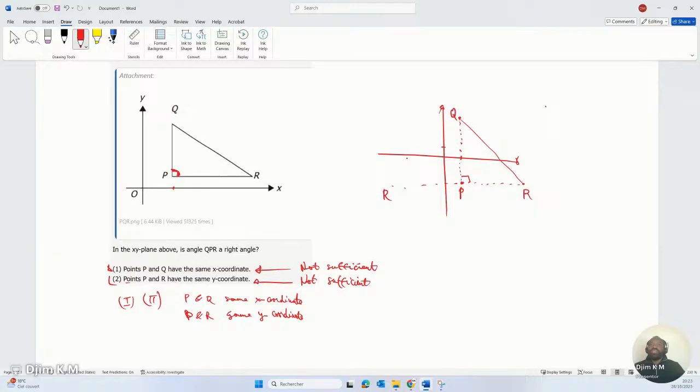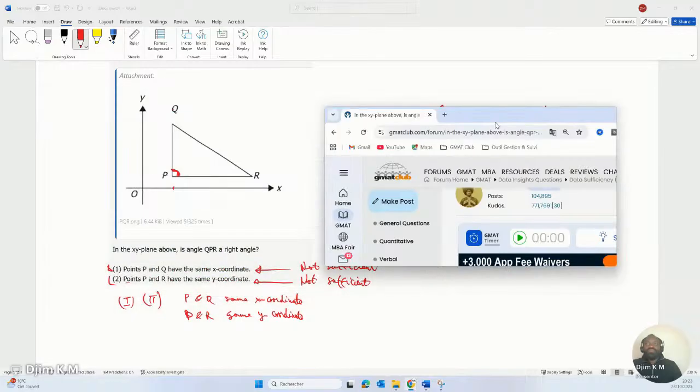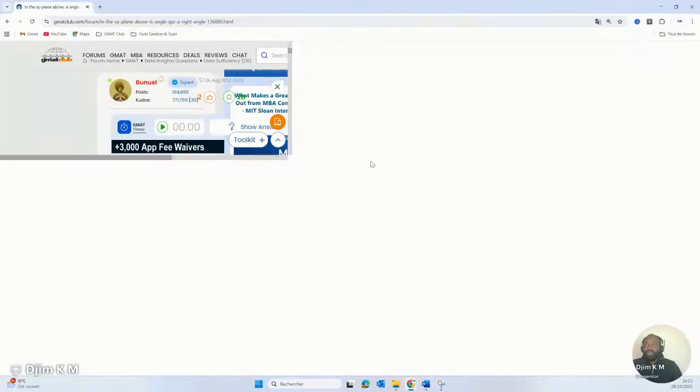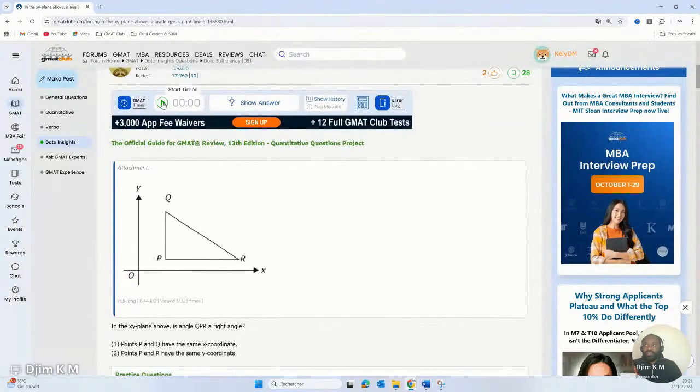If R is on the other side, it will also be a right angle. So the two conditions together are sufficient. I think my reasoning is okay, so let me check. So answer C.